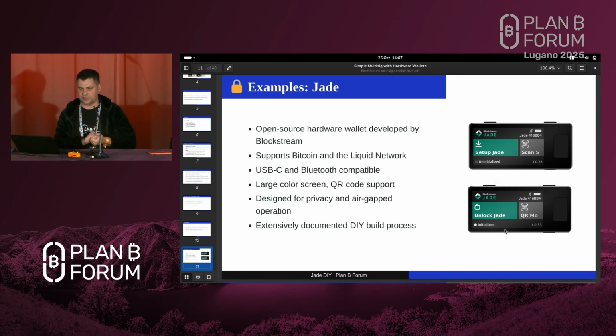And we have these three hardware wallet implementations. The first one is Jade, and I like it not only because I work for Blockstream, but because I was involved in the first stages of Jade's creation. It is an open source hardware wallet developed by Blockstream, has support for Bitcoin and Liquid, and is USB-C and Bluetooth compatible, so iPhone owners are happy.